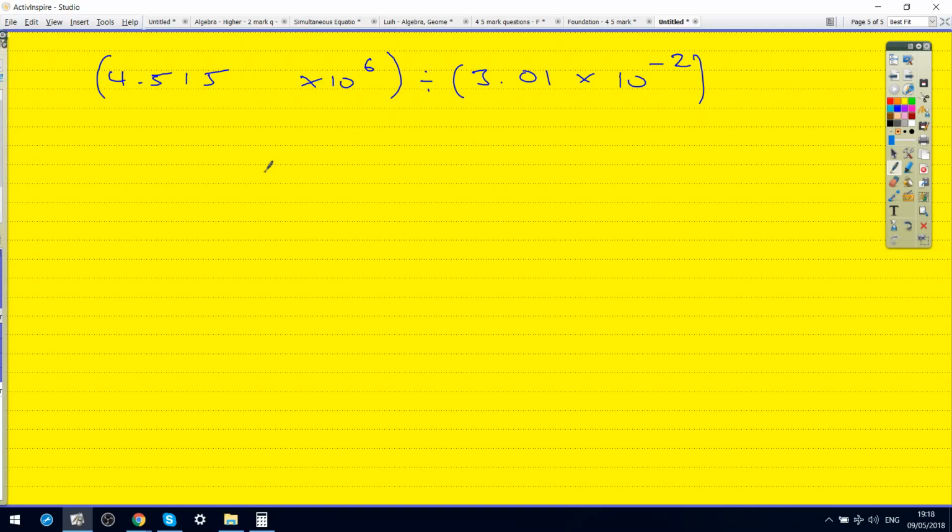I'm not sure if it's a trick question or not. Bracket 4.5. And if it helps, you can do the two brackets separately, but you don't have to necessarily.